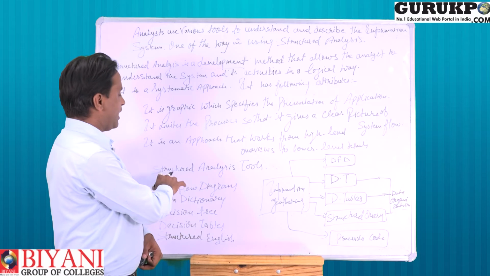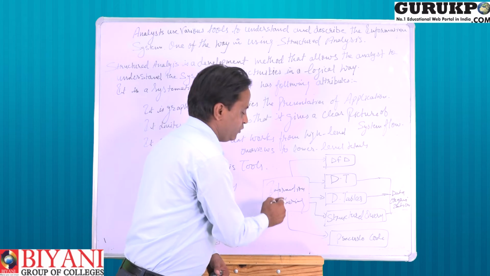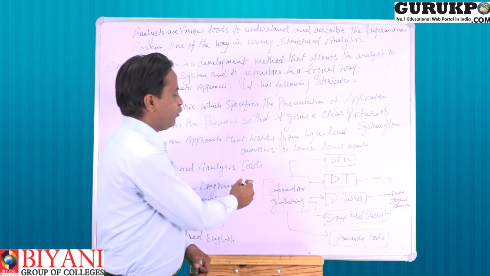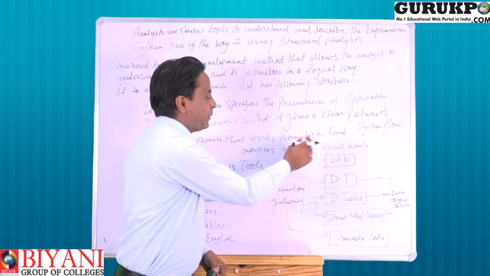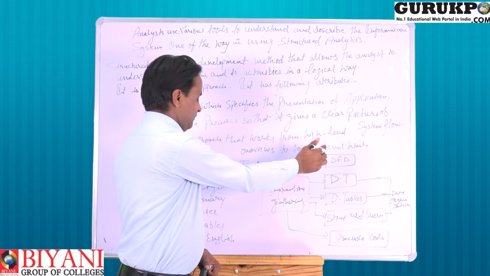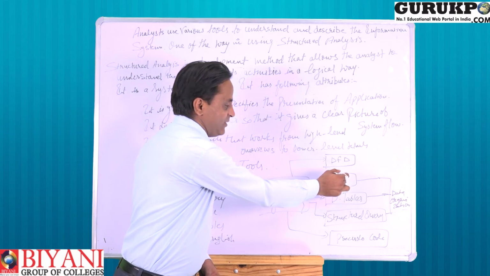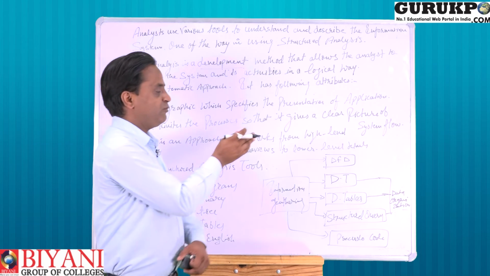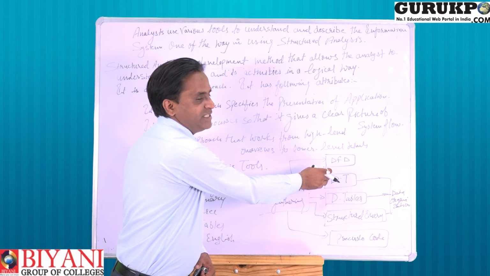After this, we use the diagrams. First of all, we gather information and prepare the DFD data flow diagram. After the DFD, we use decision trees.